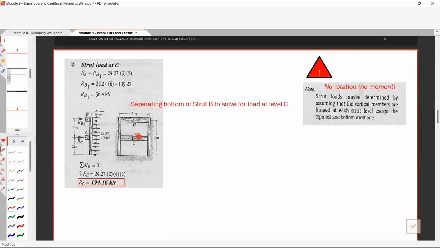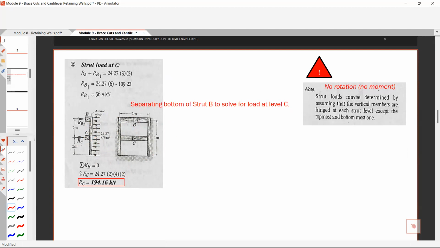Now, considering this bottom of strut B, summation moment at B equals to 0. Therefore, 2 times RC is equals to 24.27 times 2 for the center to center spacing times 4, that is the total length, and the centroidal distance 2.